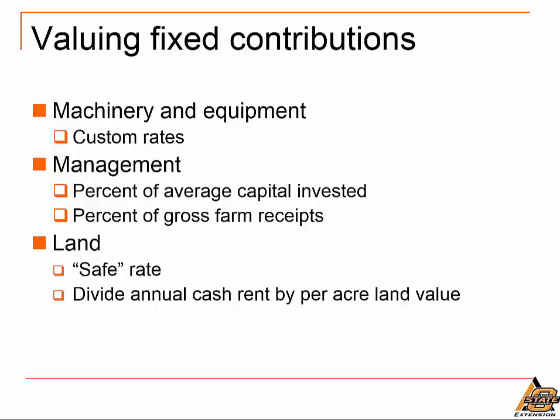For instance, if the total machinery depreciation, insurance, taxes, and interest on the average investment is $50,000 for an operator, and the lease represents 10% of the acres farmed, $5,000 would be included as the operator's contribution to machinery and equipment. But if it's difficult to calculate those fixed costs for machinery and equipment, you could use the custom rate for the field operations, spraying, and so on as a proxy.